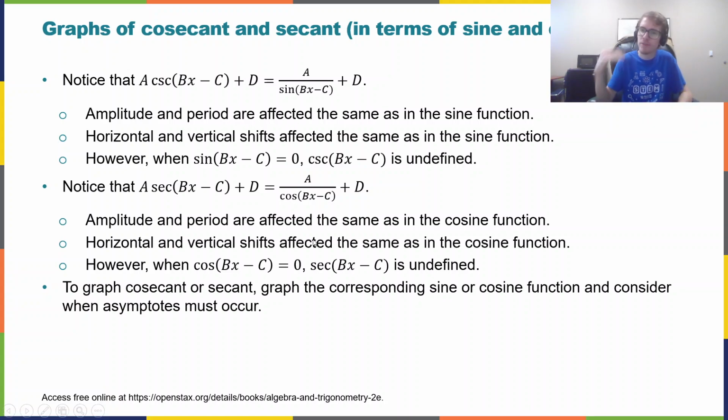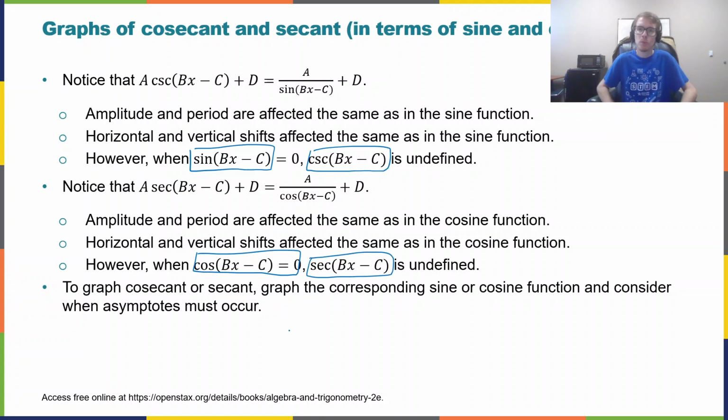Horizontal and vertical shifts are shifted the exact same way as the sine or cosine function. The difference is that whenever the sine is equal to 0, cosecant is undefined. Whenever cosine is 0, secant is undefined.